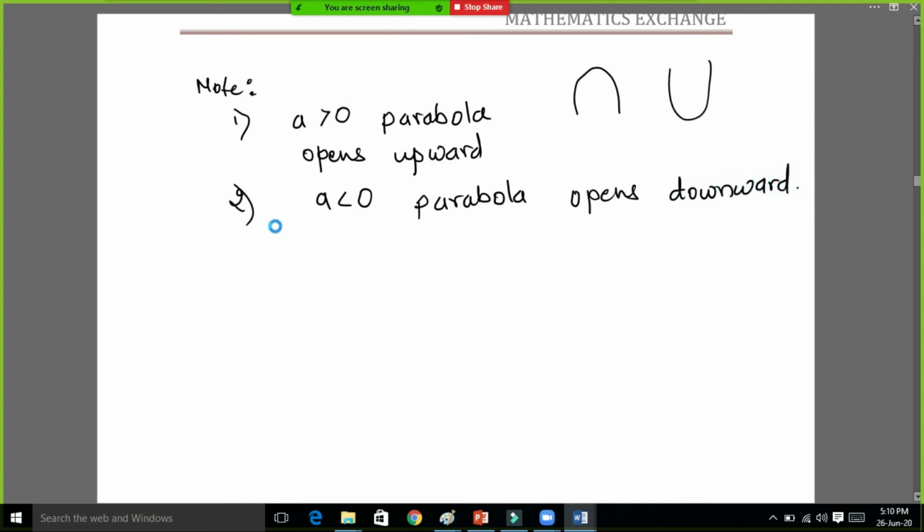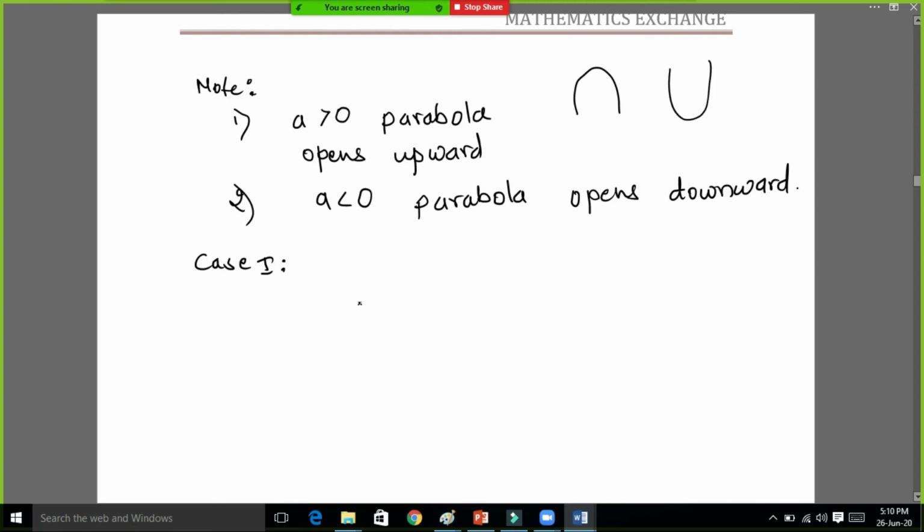So remember these two notes, student: whenever the parabola opens upward, A is greater than 0, that means the value of A is positive. And when the parabola opens downward, the value of A is negative, that is A is less than 0. We also observe there are 3 following possibilities. Let me explain the possibilities here.